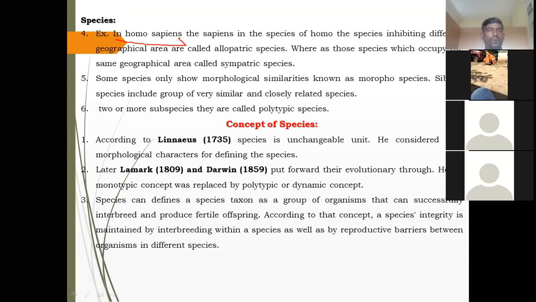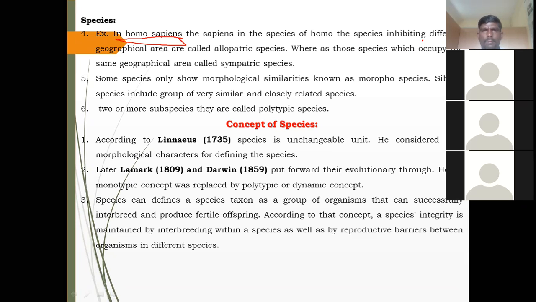Then two or more subspecies are called polytypic species. Means if you look at this word Homo sapiens, our human being name, biological name, they show this type of characteristic, inhabiting different geographical areas, called allopatric species. समजते का तुम्हाला की वेगळ्या एरियामध्ये गेले तर ते त्या एरियाचे किंवा त्या स्पीसीजला बिलॉंग करणारे.